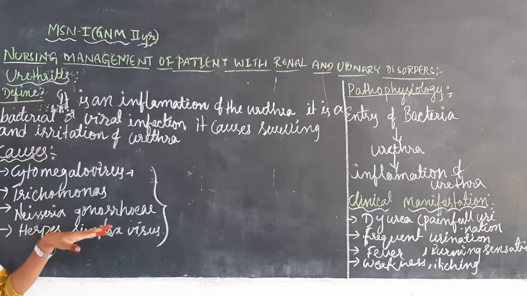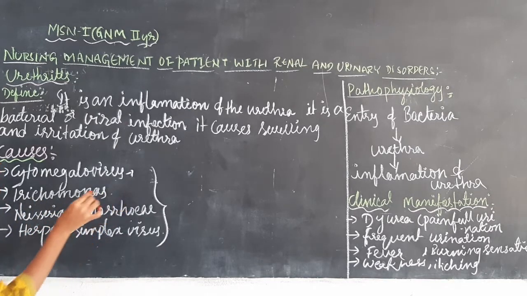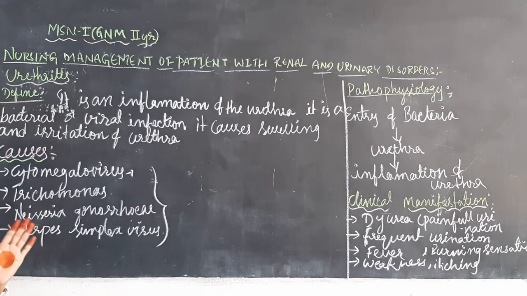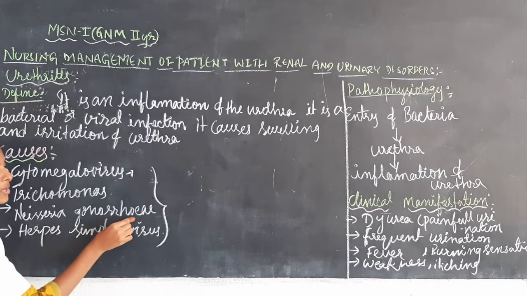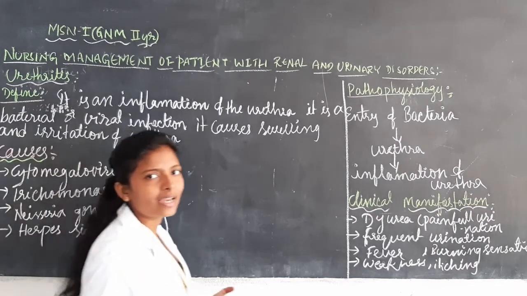Trichomonas is also one type of cause, and the third one is Neisseria gonorrhea, which also causes urethritis, and next herpes simplex virus. So these are the causes of urethritis.